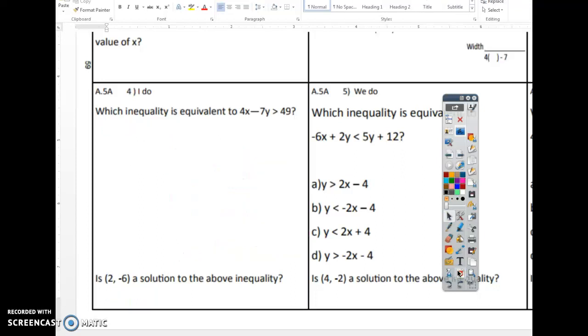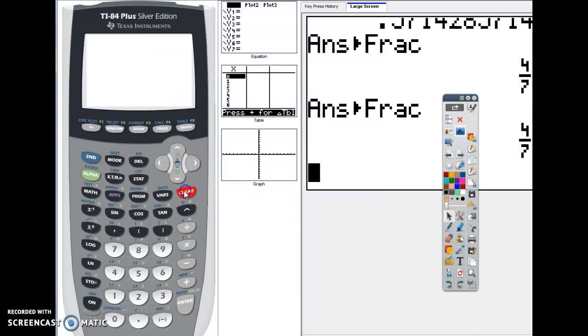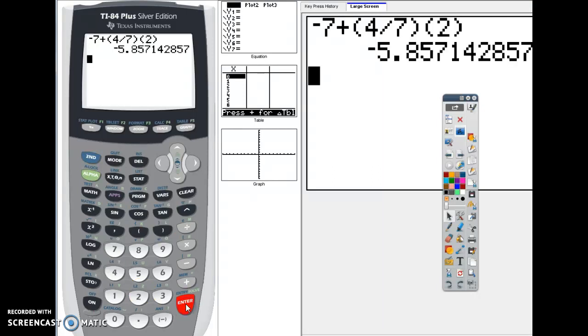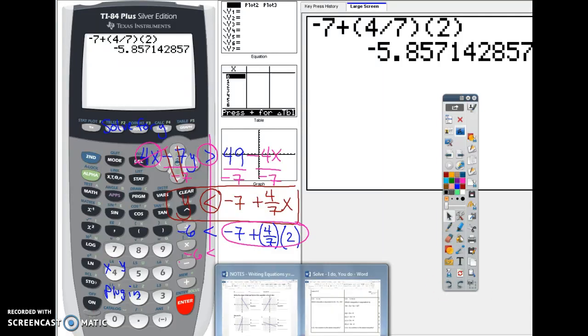So in the calculator, you're going to put negative 7 plus parentheses, your fraction, 4 over 7, close parentheses, your x, which is 2, and close the parentheses, enter. Negative 5.85714. And we're just going to round, so negative 5.86 is fine.